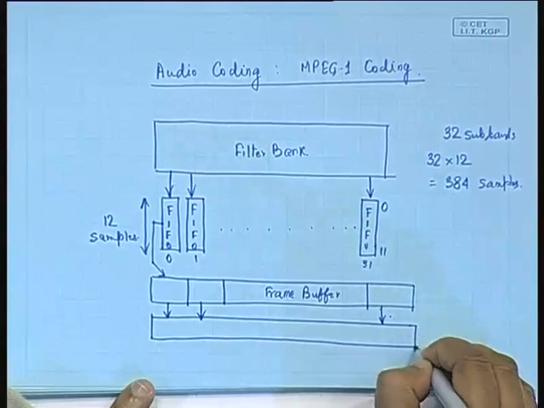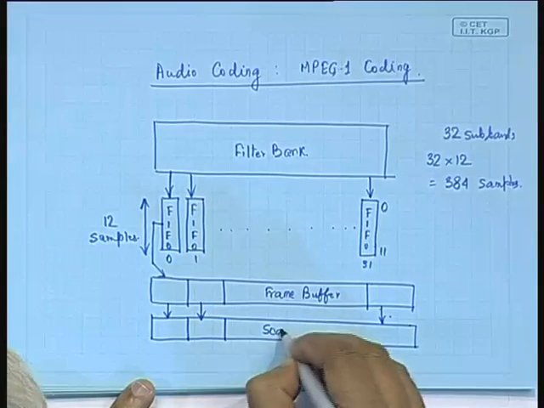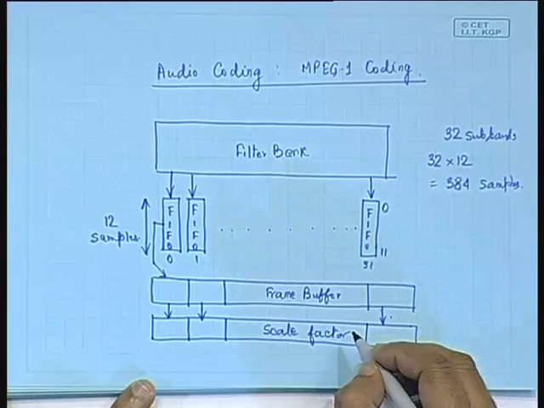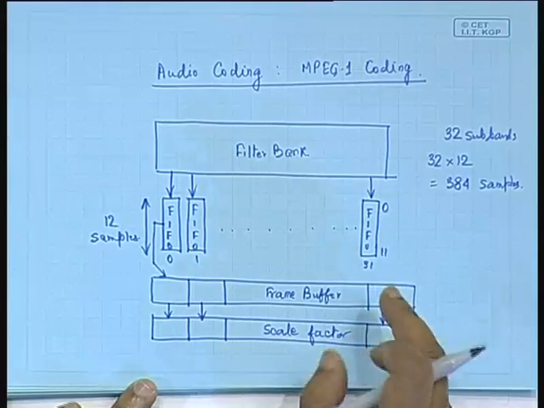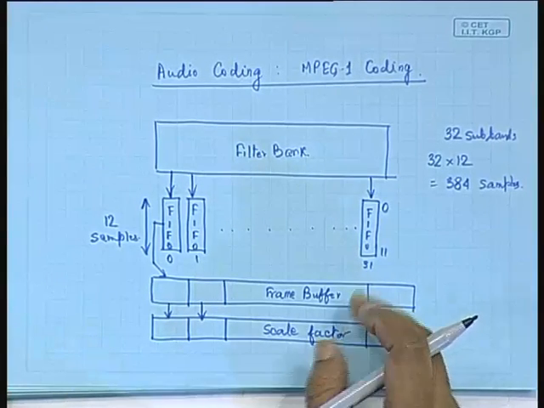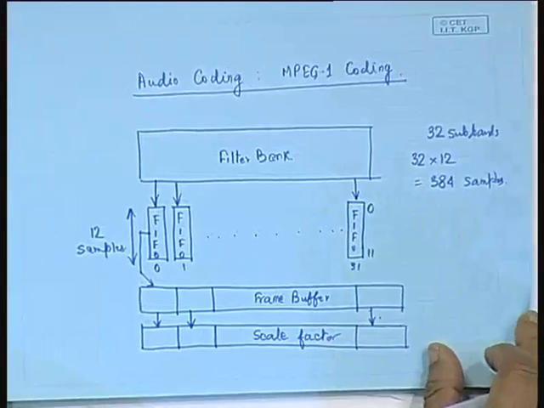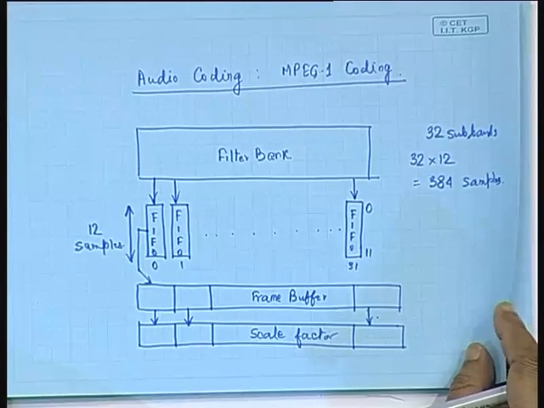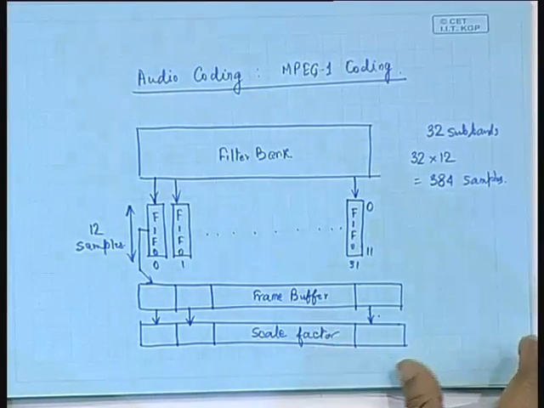There will be different scale factors for different subbands. So, we have a scale factor buffer, which will store the scale factor values, where the scaling factors are decided based on the maximum value of the samples in the frame buffer, and the scaled values are stored in a buffer, where the quantization will be applied. So, the quantization will be applied on these scaled sample values.